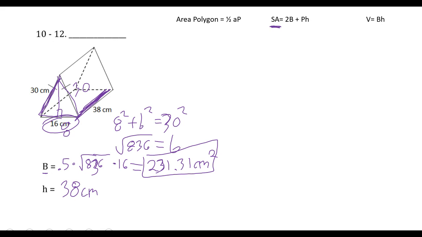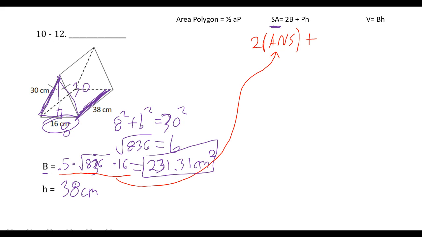Surface area, let's try that out. 2 times the base. Oh, we just found the base. Looks like the base. And remember, if you want the most precise answer, you want to type in either answer or re-type in all this in right here.